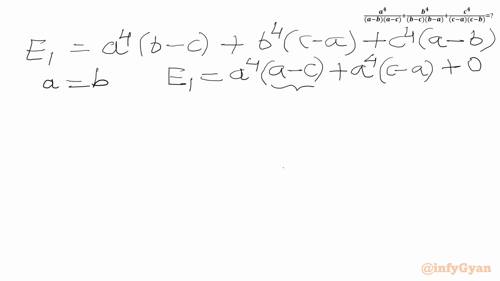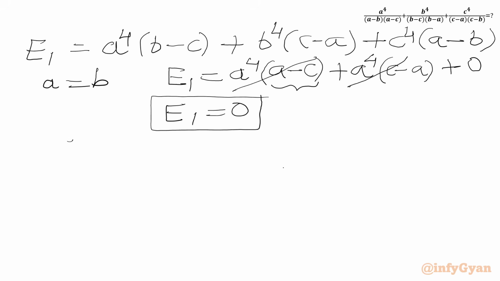Once we take minus 1 common from here, the two terms will cancel. We are going to get E1 equal to 0. The conclusion is A minus B is a factor of E1.